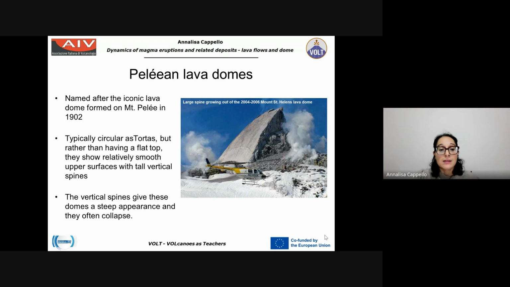And these have a circular shape like tortas, but they don't have a flat top; they have this kind of tall vertical spine, which is characteristic of the Peléan lava domes. They have this steep shape that, for this reason, can be very dangerous due to the hazard to collapse.